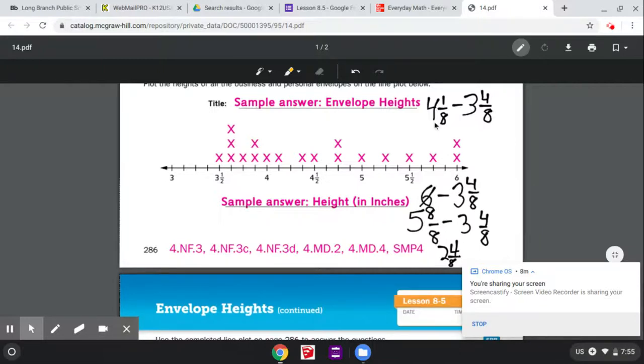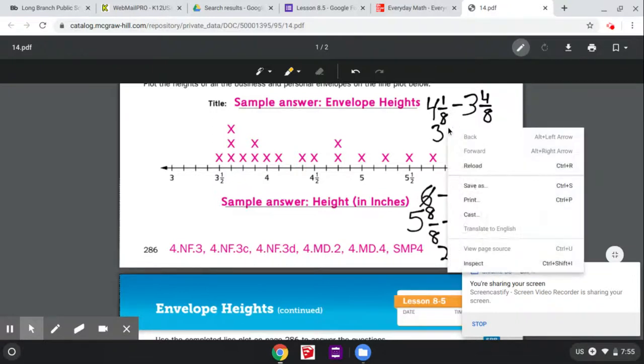Sorry, it's not easy to write with this pen. So you would subtract it. Again, you would have to borrow from the 4, and then this fraction, the new fraction, would become 3, and you're going to add 8/8 to this fraction, right?